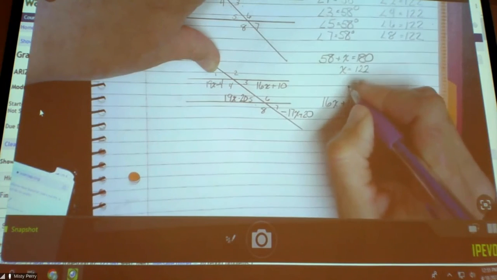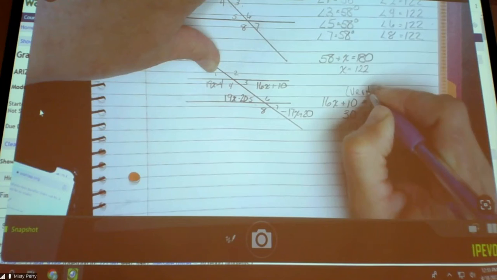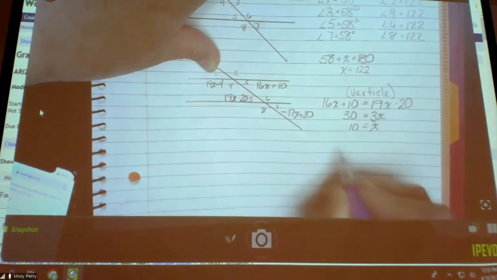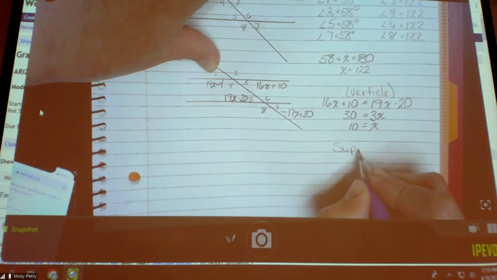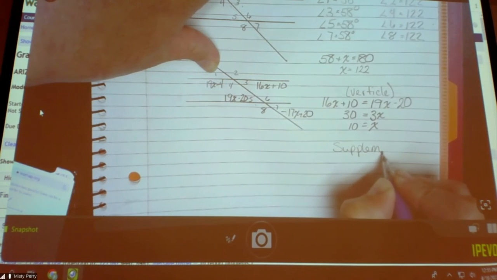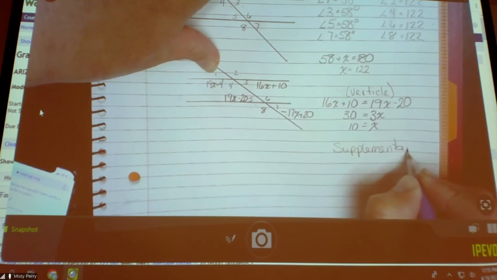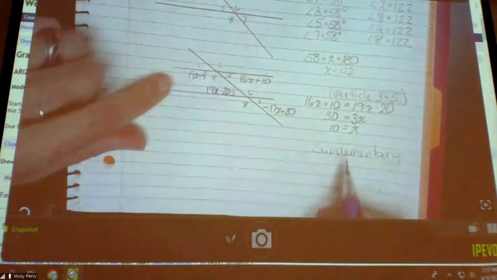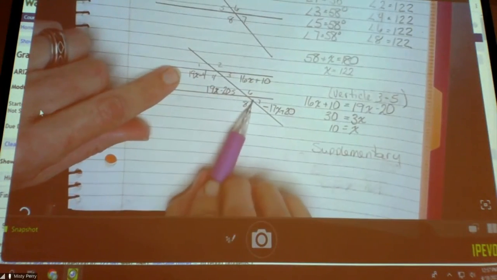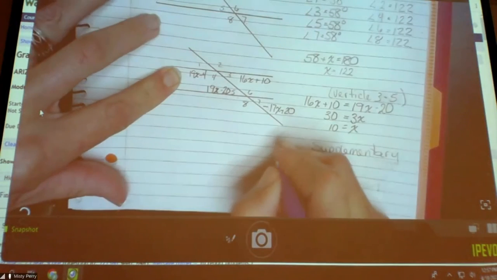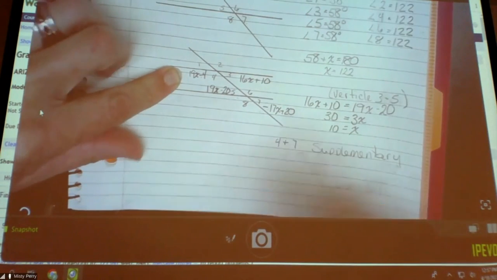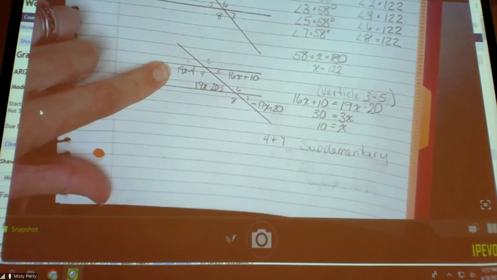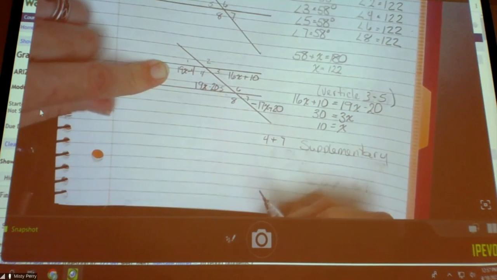These two right here were vertical. These other two are supplementary. Supplementary, I'm doing 4 and 7. 4 and 7 are supplementary. So I'm just going to add the two together and put them equal to 180.